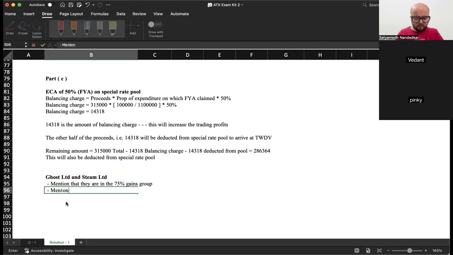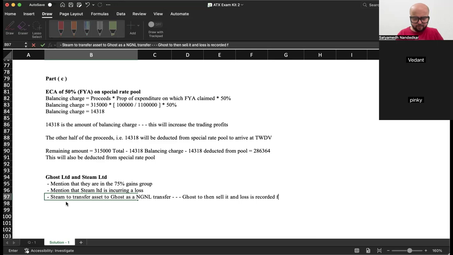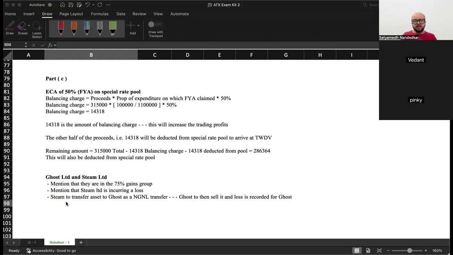Then mention that Stream Limited is incurring a loss. Stream to transfer asset to Ghost as a no gain, no loss transfer. Ghost to then sell it and loss is recorded for Ghost. ये भी एक तरीका है.